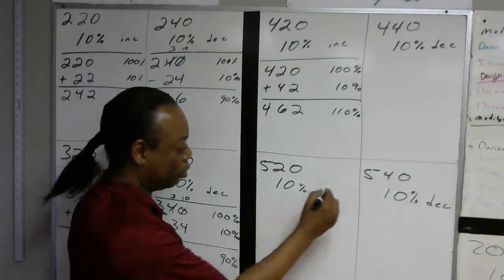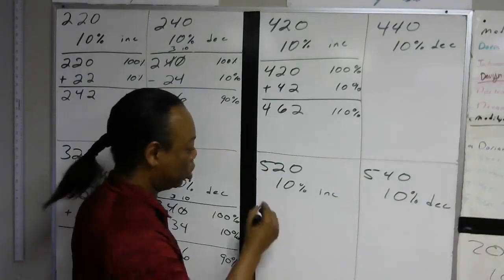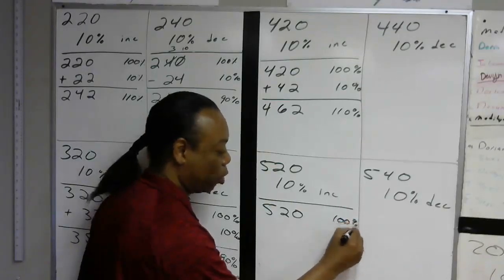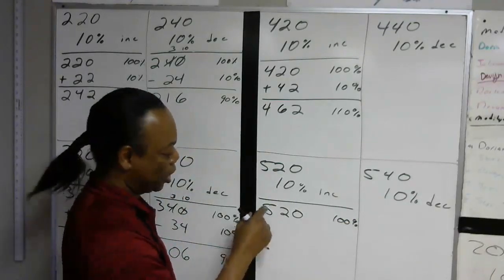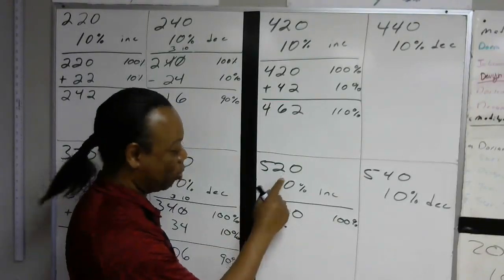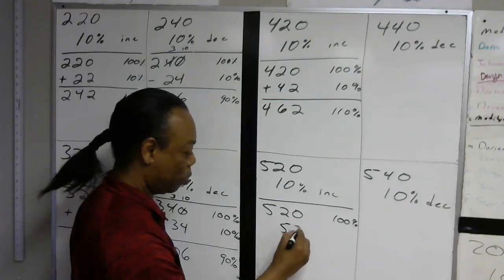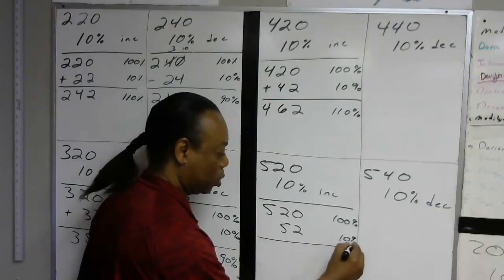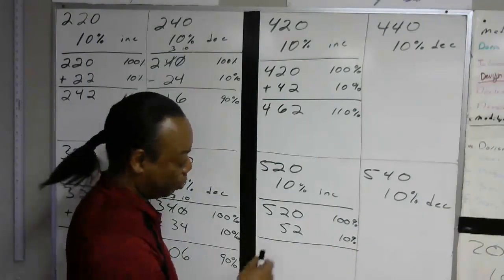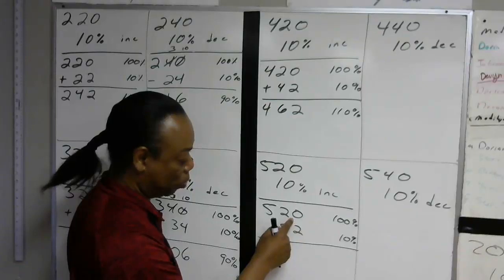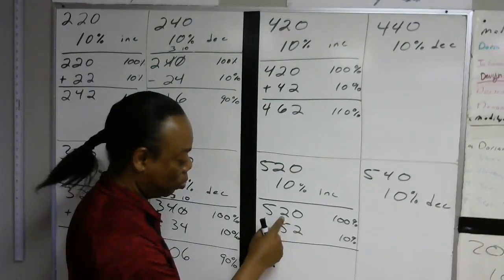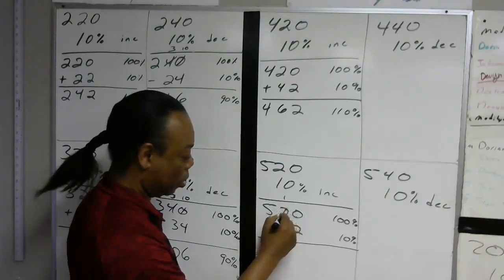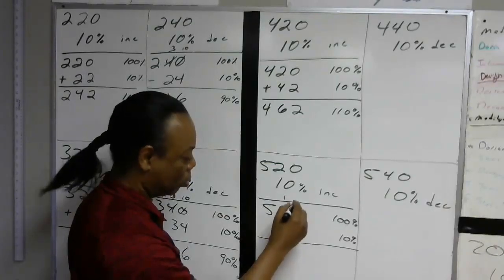520, we want a 10% increase. So 520 is the original amount, so that's 100%. 10% of 520 will be 52. That represents 10%. So when we subtract here, we cannot take 2 from 0. So we'll borrow from the 2, and that'll make it a 1. And the 0 becomes a 10.